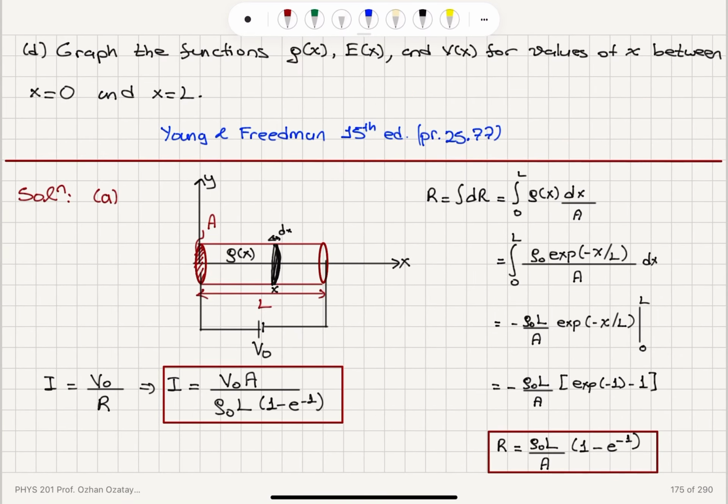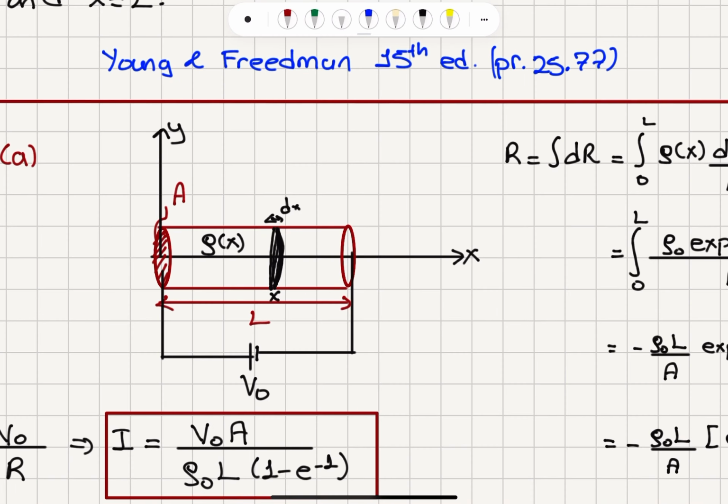So in this problem, we talked about a doped semiconductor where the resistivity varies as a function of x. We can go to position x, and for a thickness, infinitesimal thickness dx, we can calculate the resistance, which is resistivity multiplied by the length dx. So let's make this clear here.